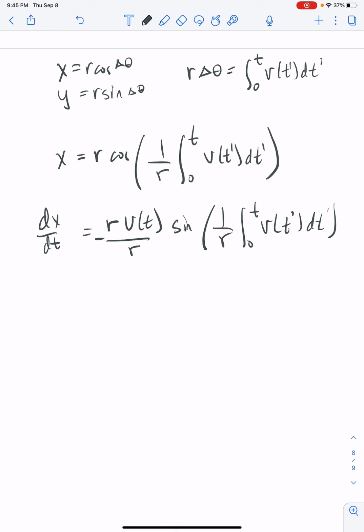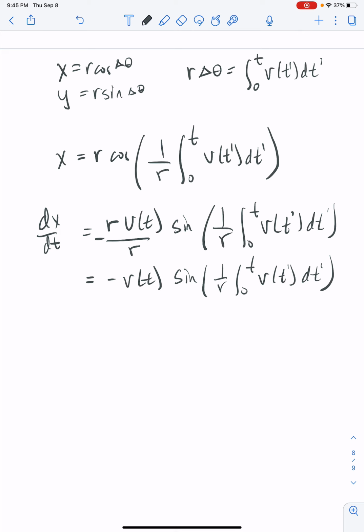And this is basically a result of the chain rule again. This is why this is the case. All right. And so then this is negative v of t sine of 1 over r integral 0 to t of v of t prime dt prime. Okay. So actually this, as it turns out, looks pretty much like the velocity expression that we had before, which was not necessarily obvious, but does turn out to be the case.